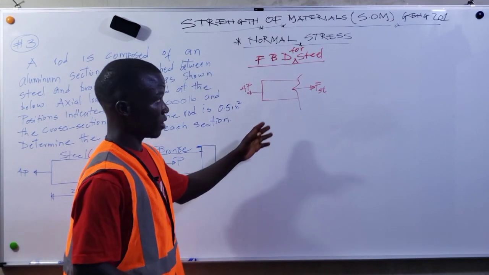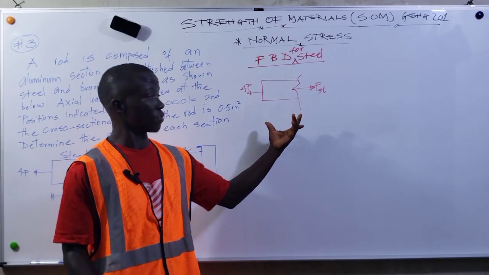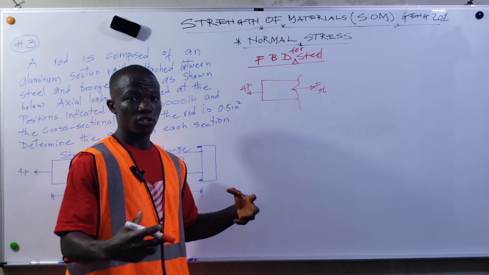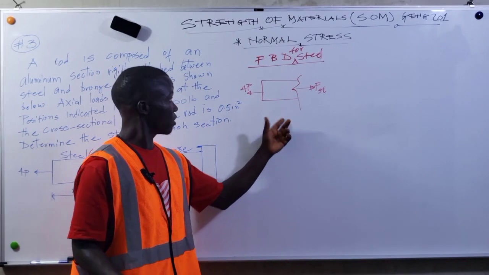So this is the free body diagram for the steel section. It shows the internal force and the external force.